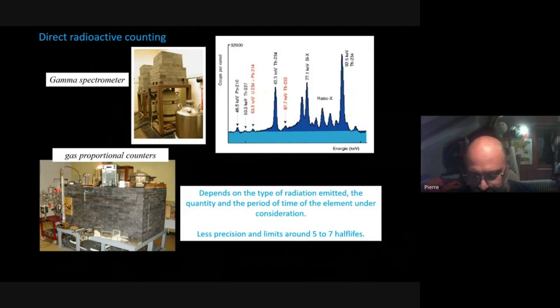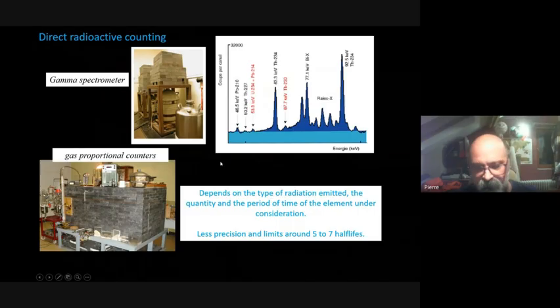To determine the amount of each of father and daughter element, we can use different approaches. The oldest one is direct radioactive counting using a gamma spectrometer, a measurement of the number of disintegrations we have per second, for example.